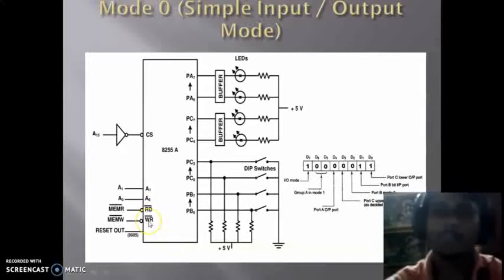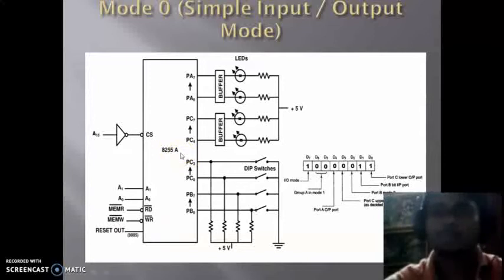These are active low signals, and MEMR bar and MEMW bar are provided by the microprocessor for the read and write operations. As it is a memory mapped IO technique, that's why we have to provide MEMR bar and MEMW bar signals to it. Here we have a reset out signal that is connected with the 8085 microprocessor. This provides a reset out signal to the 8255A to reset the 8255A.